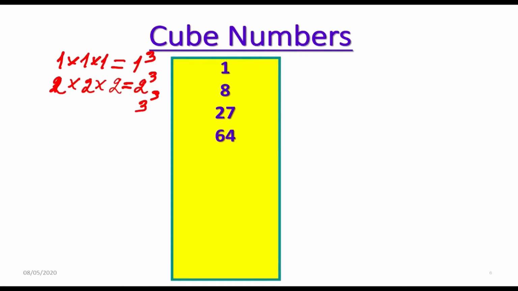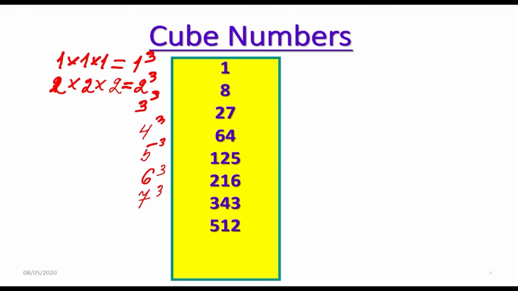Next one, 64, 125, the list goes on, 216. 125 is 5 cubed, 216 is 6 cubed, 343 is 7 cubed, 512 is 8 cubed, 729 is 9 cubed.